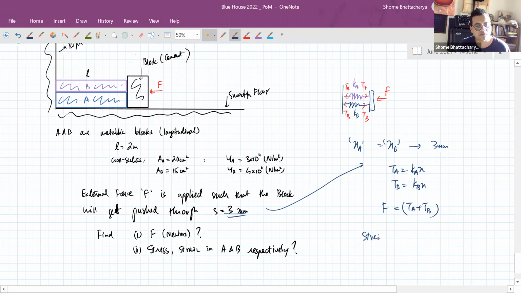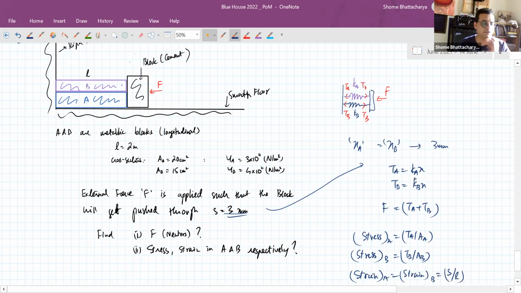And stress in spring A will be, whereas strain for both of them will be the same. That will be this displacement divided by the natural length. Okay. So now let's calculate the equivalent spring constants.